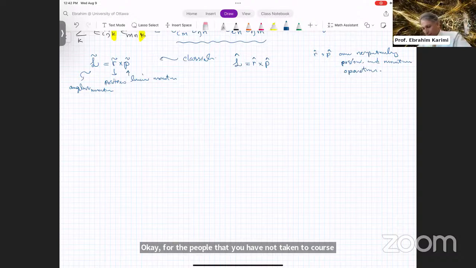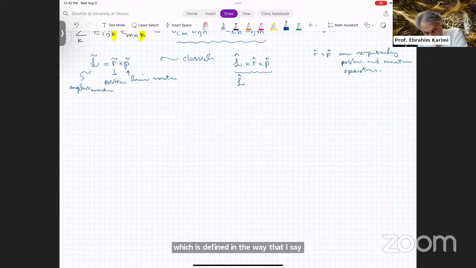I just want to tell you that in the quantum mechanical language, L, which is defined in the way that I have written above, is an operator. And strangely, L cross L is not zero. So you have to know what you are going to do.